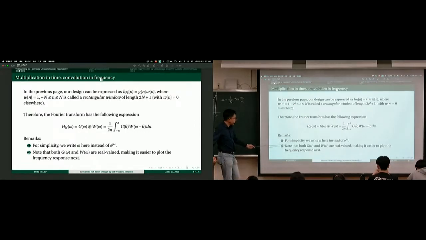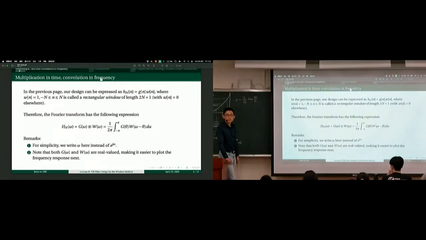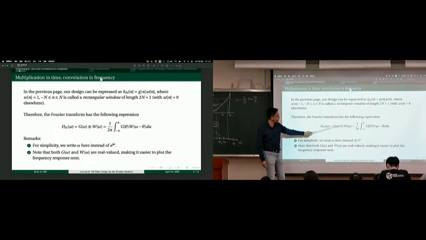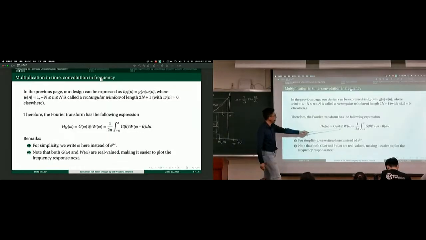And then the second remark, I also emphasize that now this convolution in the frequency domain is denoted by this star sign with a circle around. Some people also call it circular convolution, because actually the angle here is around the circle, a full circle. Circular convolution in the frequency domain, which is defined exactly like this.